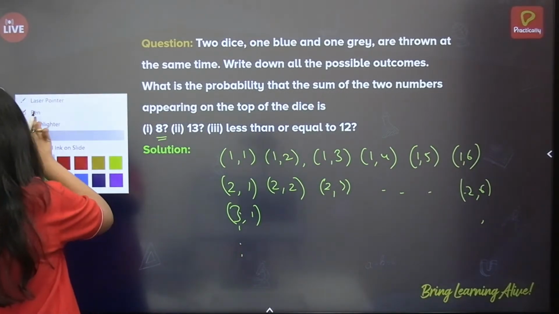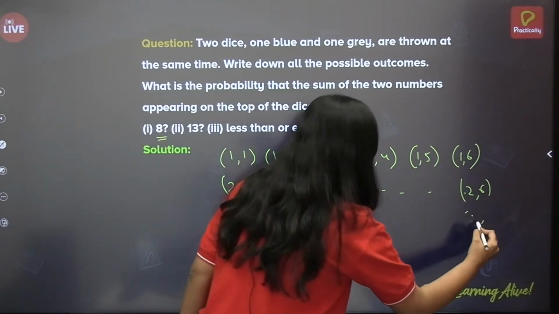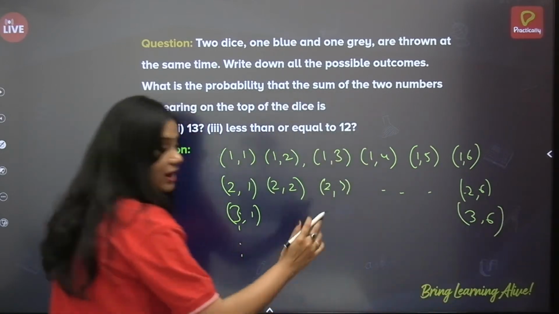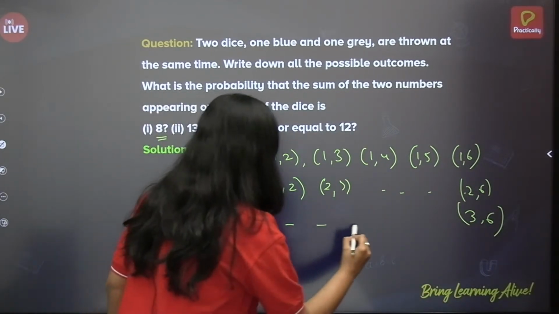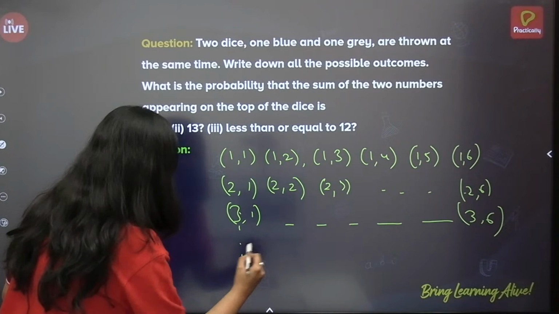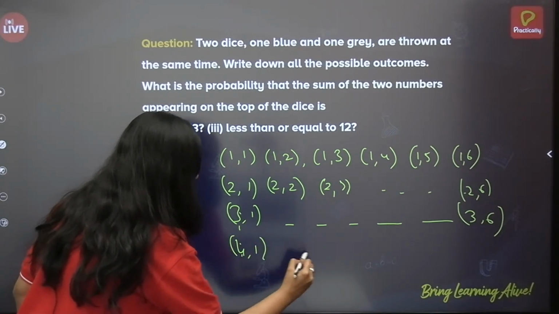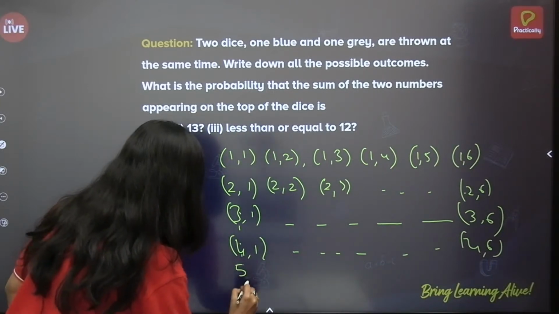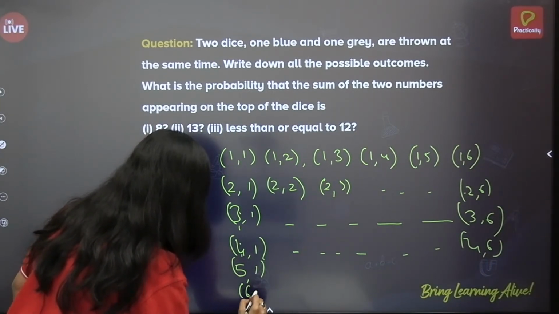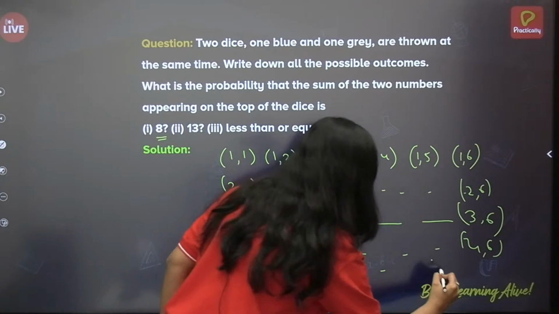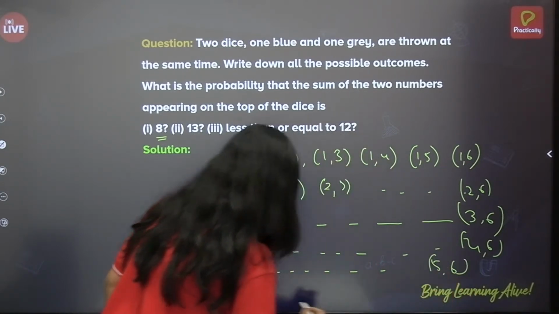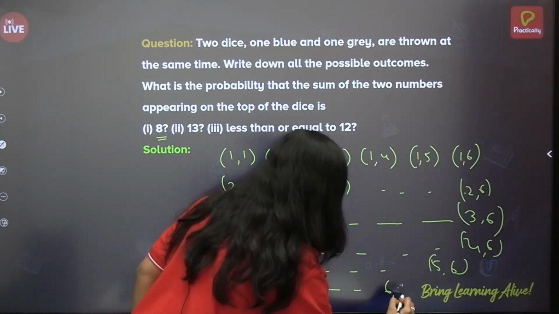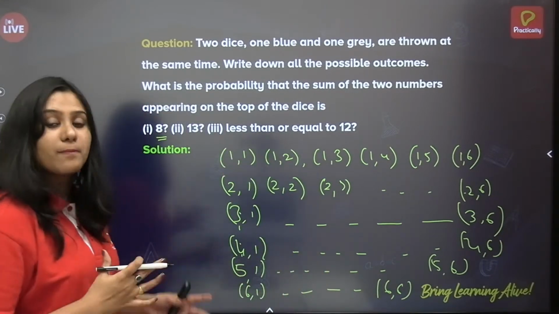You have to just list out all the possible outcomes. I am just giving it to you, but you have to fill it in. Please write it. Same thing, 4,1 till 4,6. Then 5,1 till 5,6. 6,1 till 6,6. So these are all the possible outcomes.